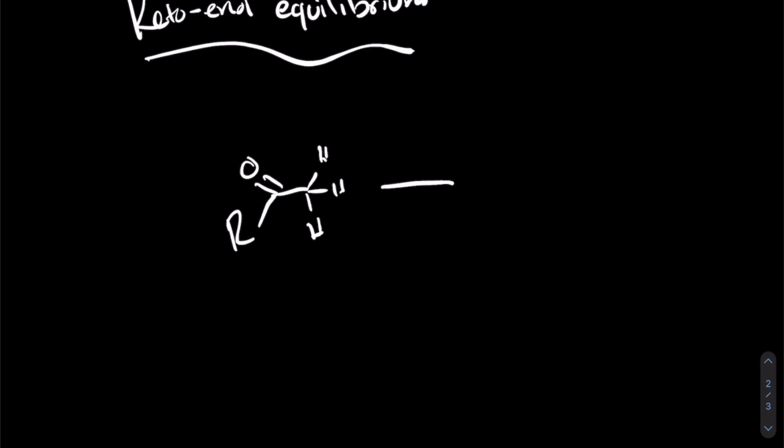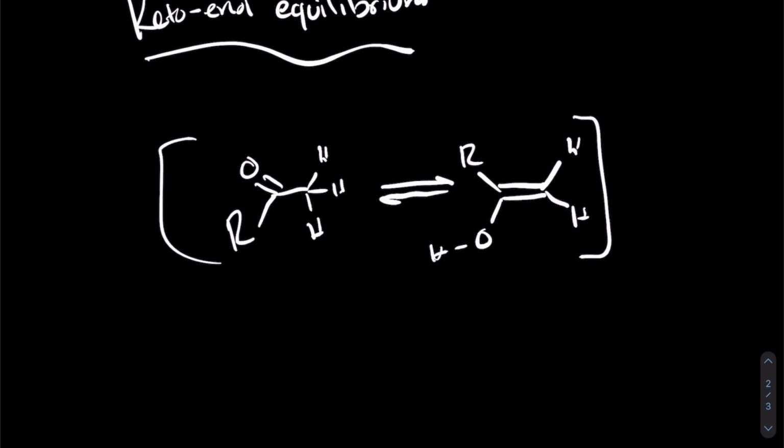It is going to have some equilibria process with its enol form, because one of these hydrogens, any of them really, will be able to move back and forth between the alcohol of the enol and the carbon of the keto form.